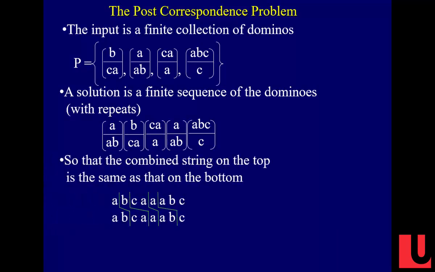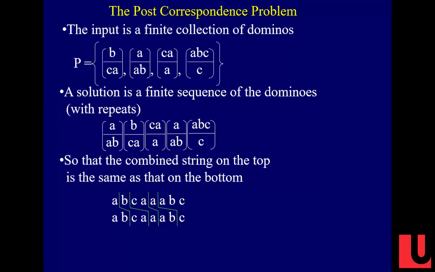And what are we looking for? When is it a valid solution? A valid solution is when, after you lay out all the tiles, you look at the concatenation of the string on the top and the concatenation of the string on the bottom, and they're the exact same string, right? So here's an example.